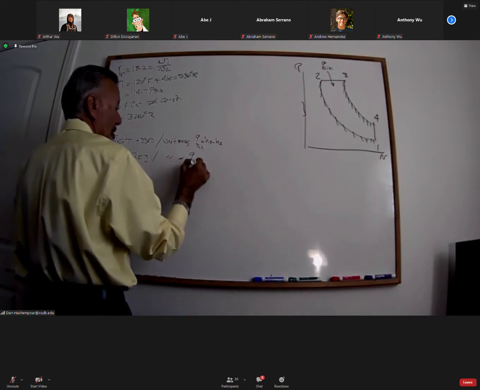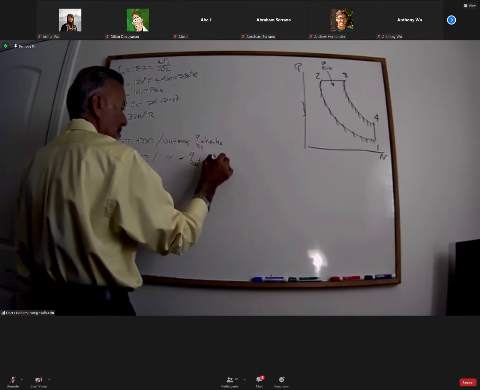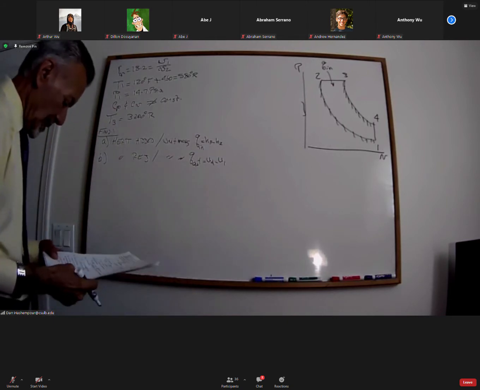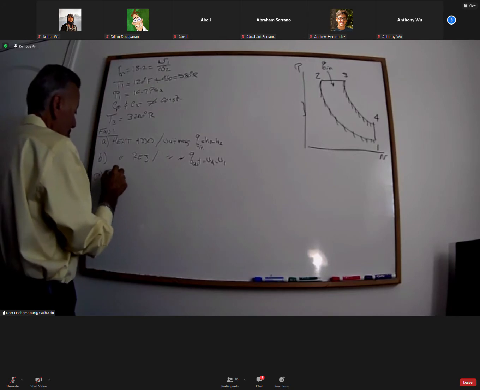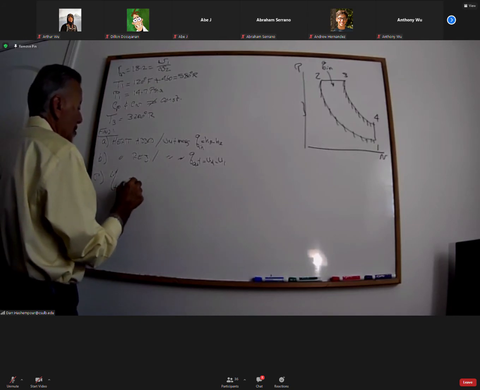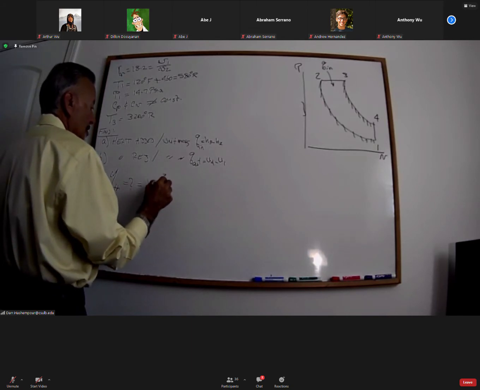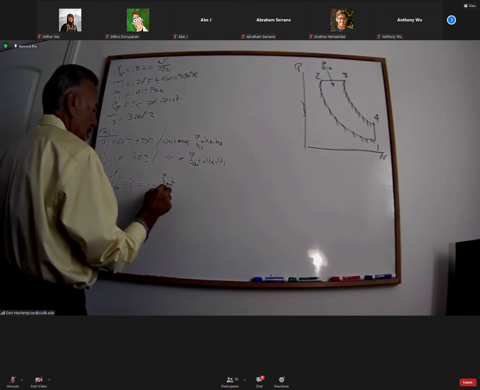That means small q out, which is U4 minus U1. And finally, part C, the thermal efficiency, which in this case would be 1 minus q out over q in.